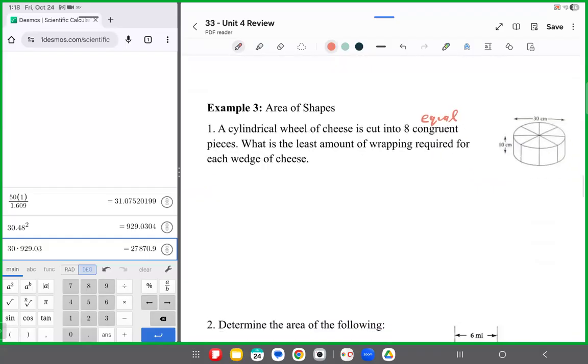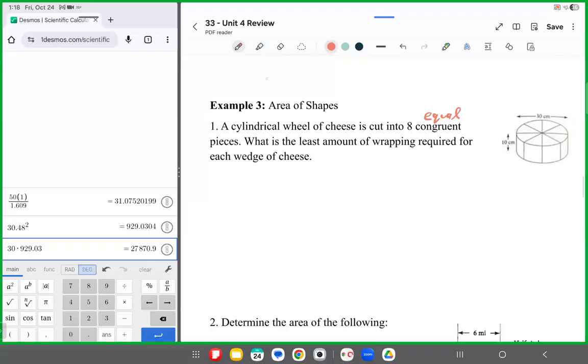So recall the surface area of a cylinder is equal to 2 pi r squared plus 2 pi rh, where pi is equal to 3.14.